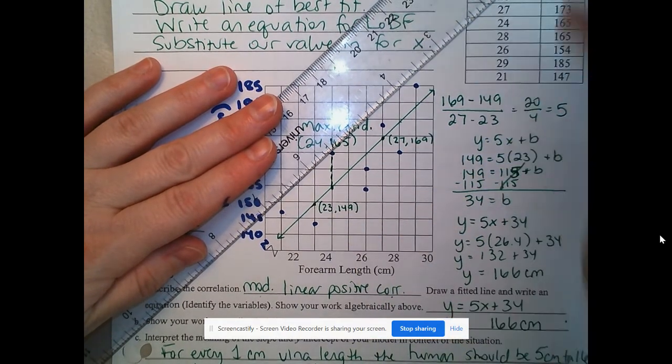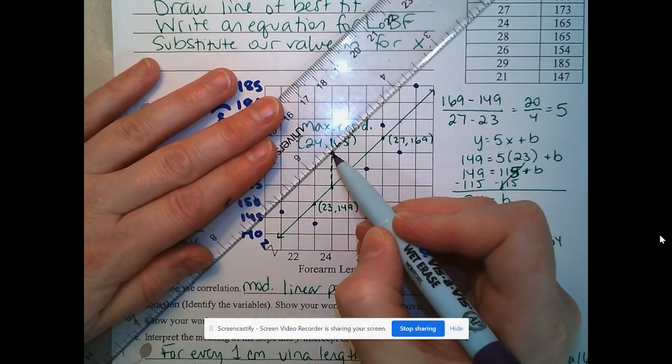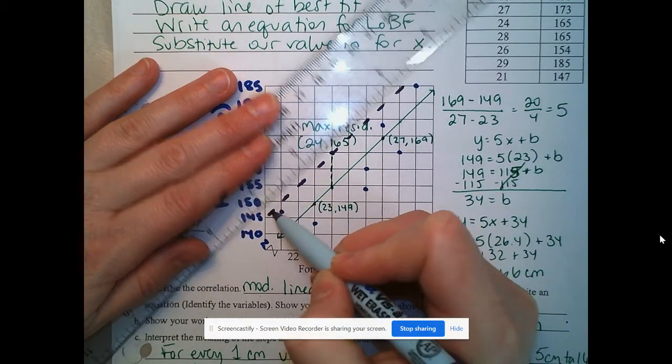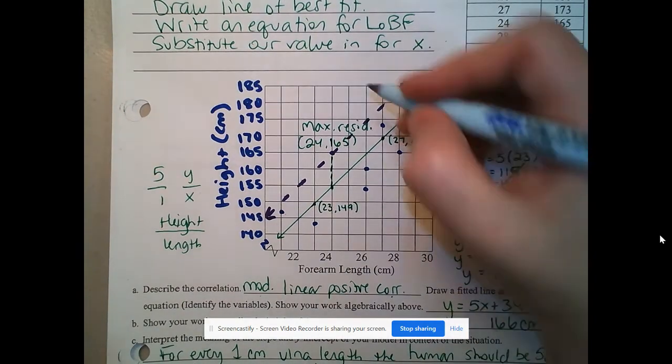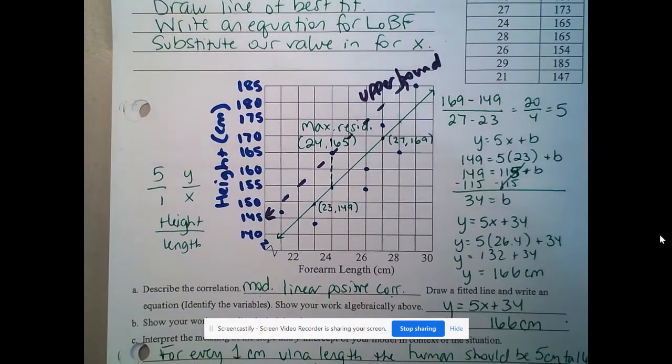I just sort of twist mine and move mine a little bit until I feel like it looks parallel, and I'm going through that highest point there. That dashed line is called my upper bound. It's the upper boundary. We're saying there should be no dots higher than that dashed line.